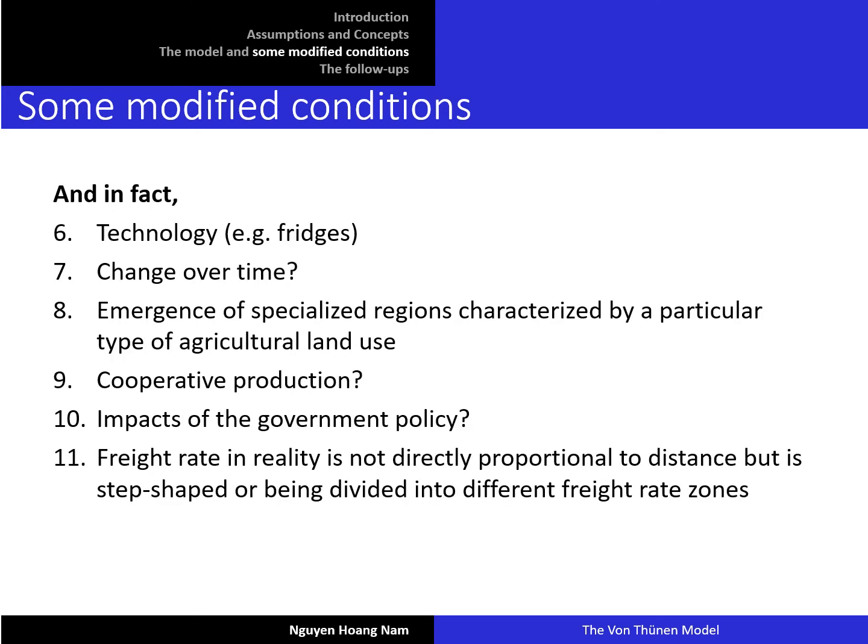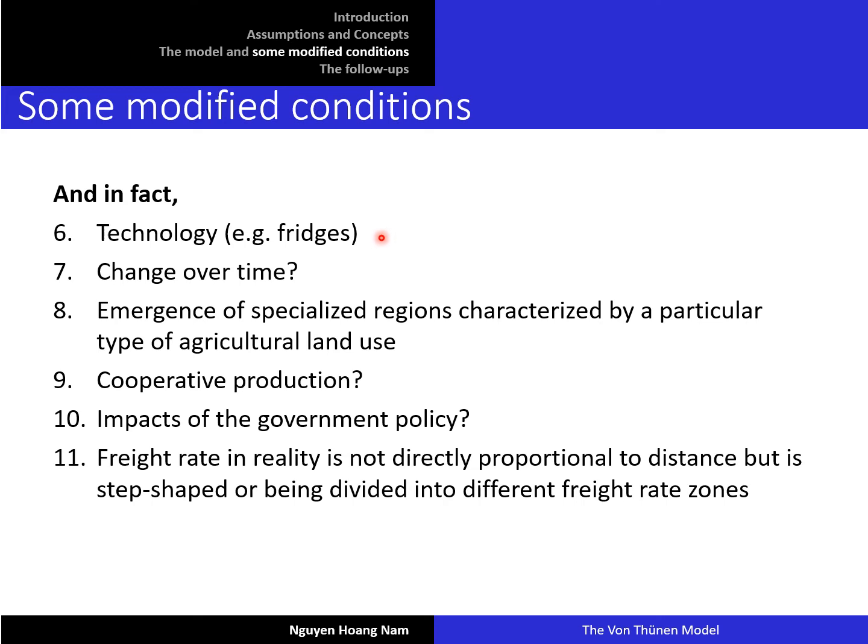And there are some other modified conditions here, and you can always read in the textbook to understand more about them. And there are actually more and more modified conditions found during the advancement of research and the development of reality.